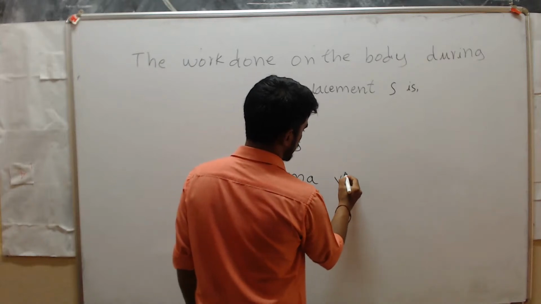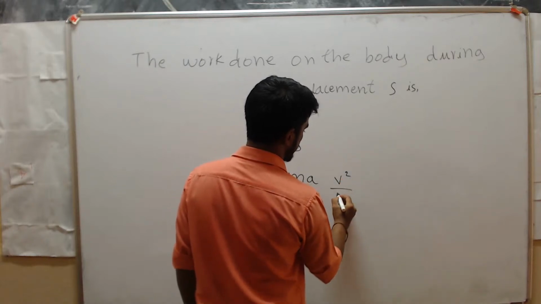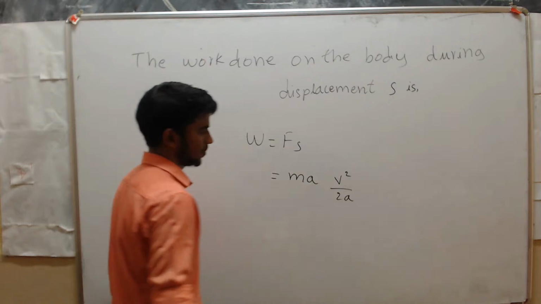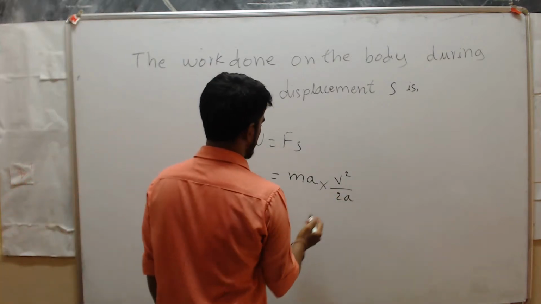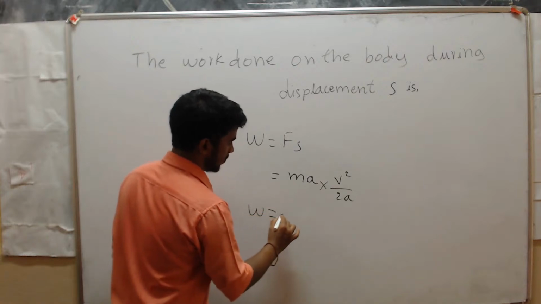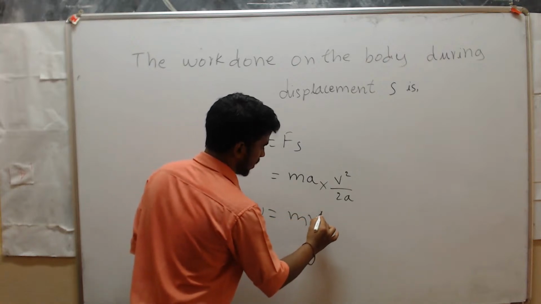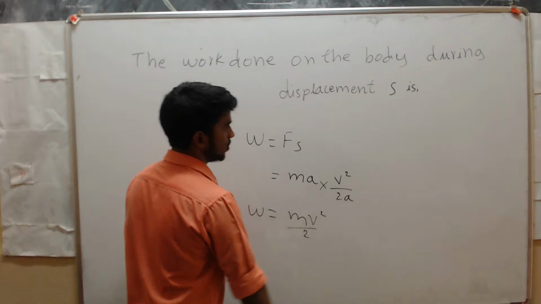Then s equal to v square divided by 2a. And so a gets cancelled. So finally we got W equal to m v square divided by 2.